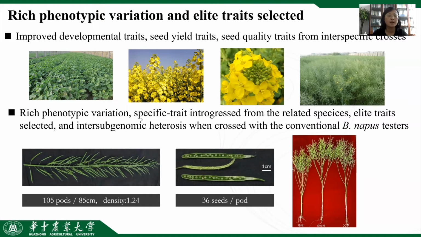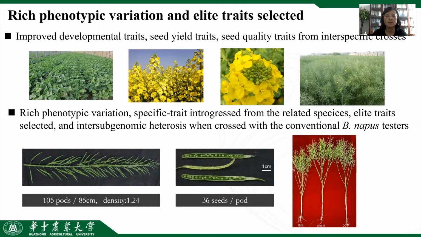Besides rich phenotypic variation in flowering time, plant height, and many other traits, there were also specific traits, for example glucosinolate content, as well as lines with high density of pods and seeds per pod. There are a lot of good traits, and we can find lines with these traits.